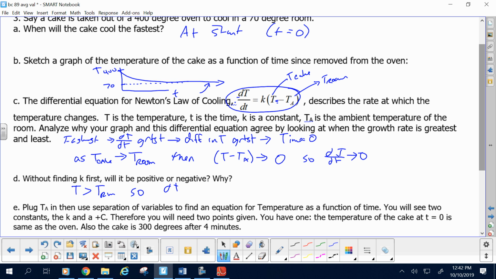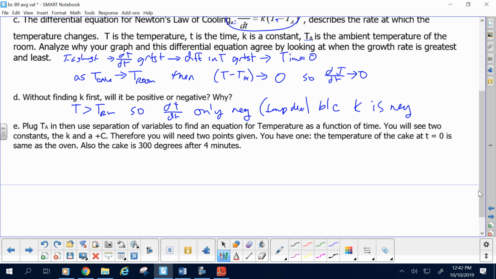So dT/dt can only be negative, which it is because temperature is decreasing, because k is negative. Something along those lines. I imagine a lot of people just say it's negative just because it is.